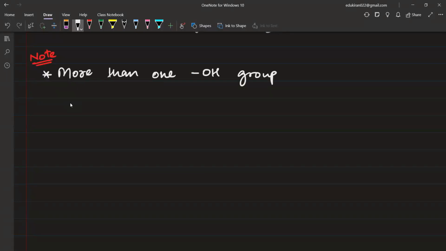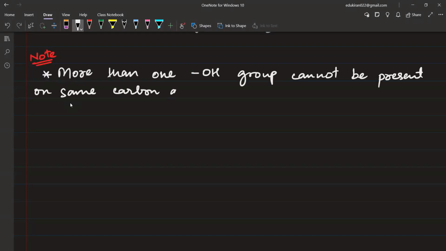But we have vicinal, right, sir? Vicinal we can. More than one OH group cannot be present on the same carbon atom.